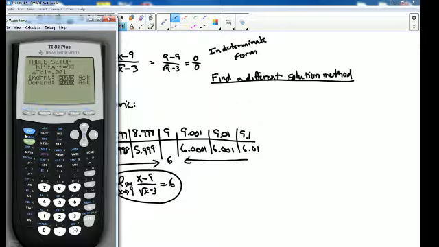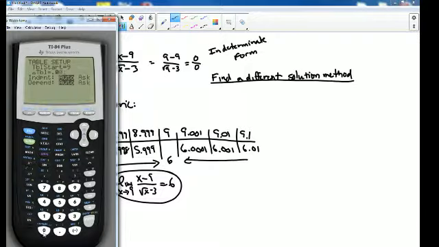Right, so error at 9, because there's a hole, but 9.001 and 8.999. How do you start using the table? Put it in y equals, table set, start value of 9, and then your change.